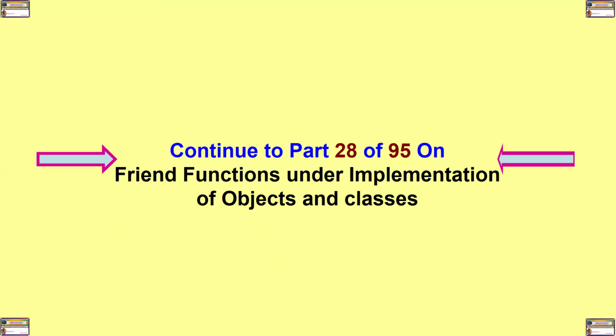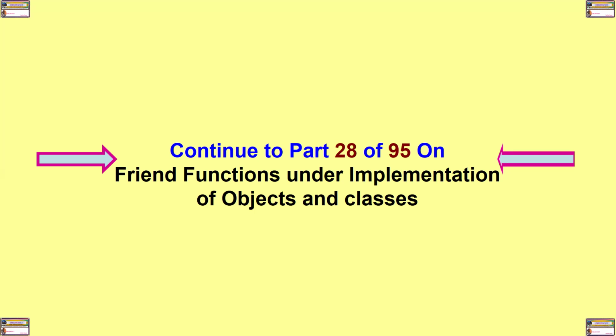You can continue to part 28 of 95, in which I'm going to be looking at what we call friend functions. We have looked at friend classes in this presentation. Now the question is, can you have what we call friend functions? And if you have friend functions, are they supposed to be in the friend class or in an ordinary class?